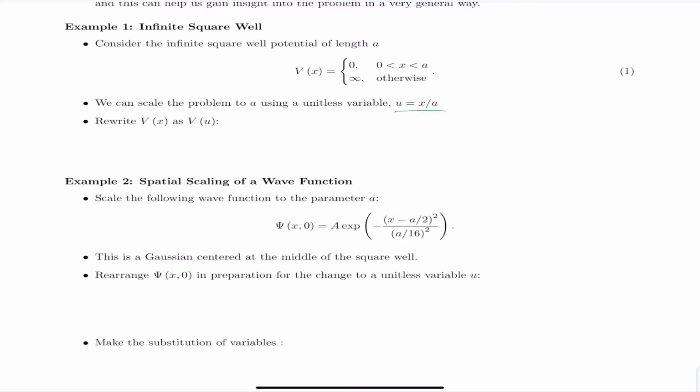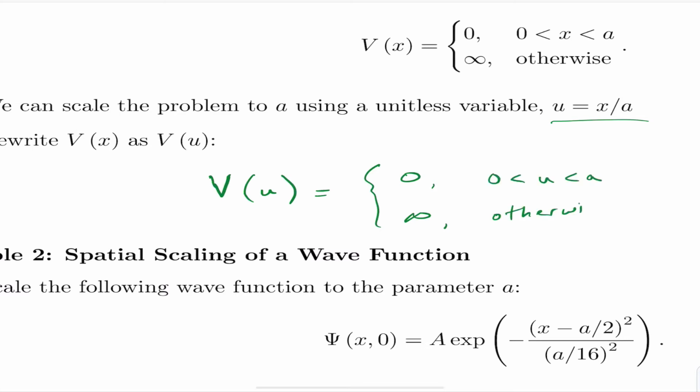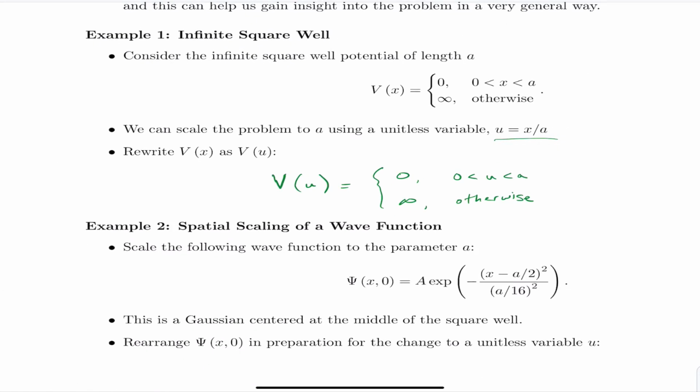So when we rewrite this, we just get V of u, and those stay the same because if you divide any length by a, 0 and infinity divided by a are still those, but the limits change. So now we've scaled the potential to this length parameter.